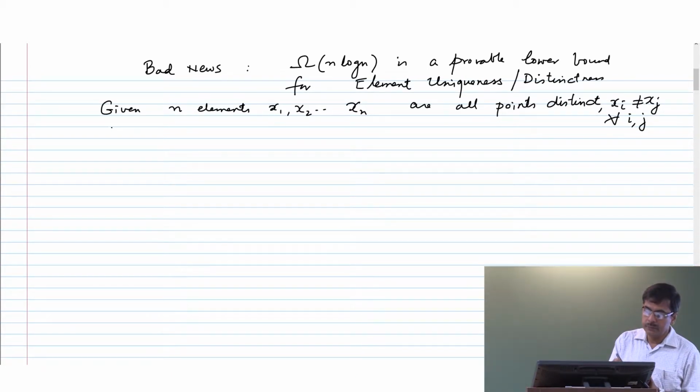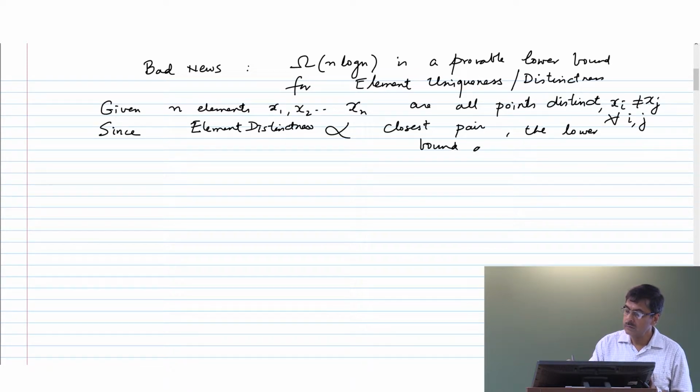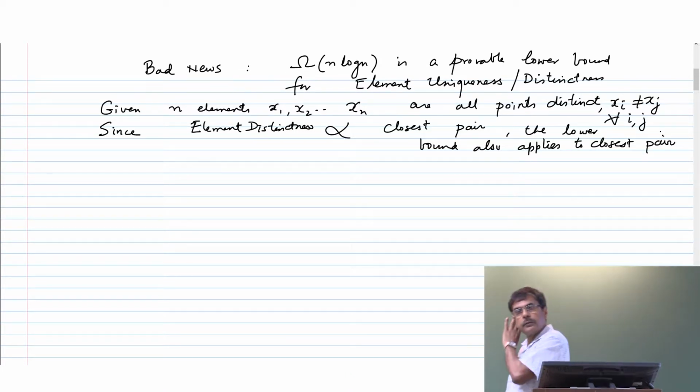So since distinctness is reducible to closest pair, the lower bound also applies. Otherwise, we could violate the lower bound.